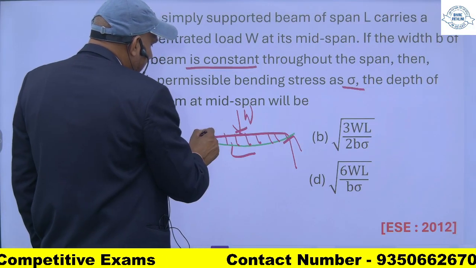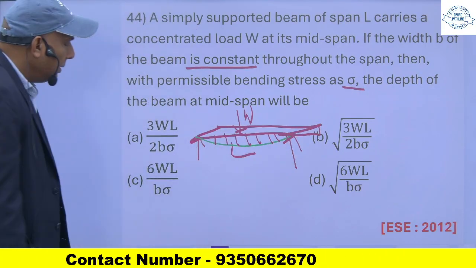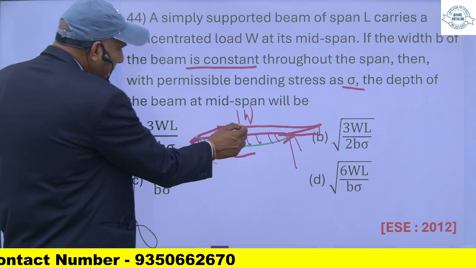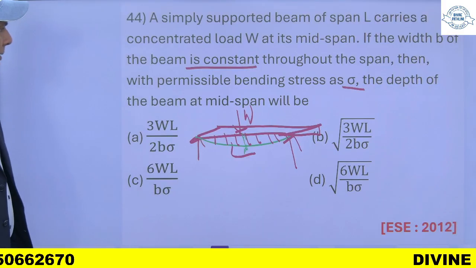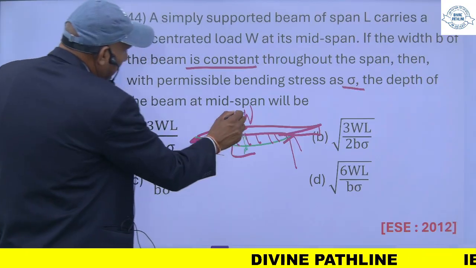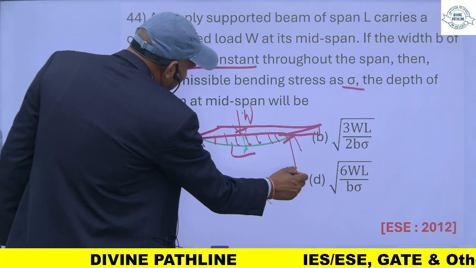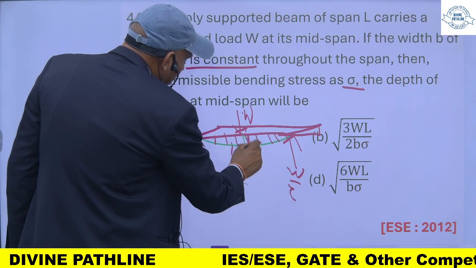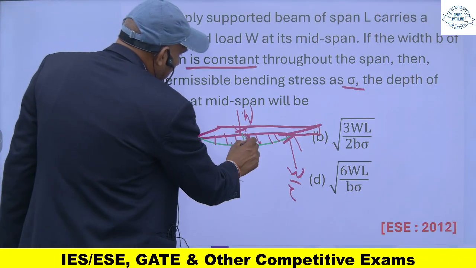The depth of the beam at the center will be, since the load is acting at the center, the reaction will be W by 2.